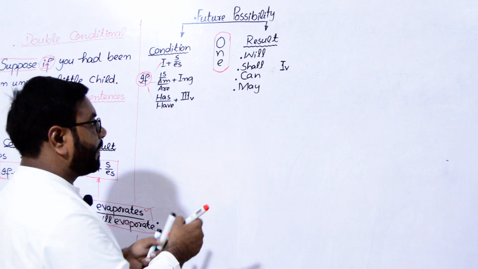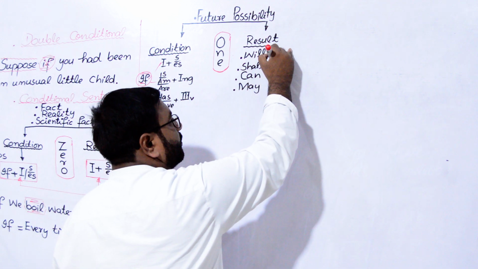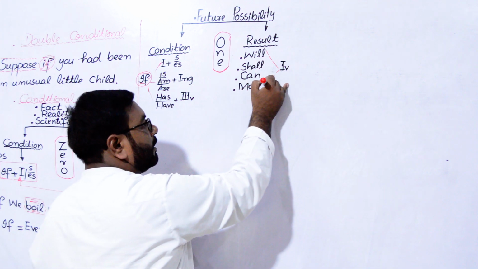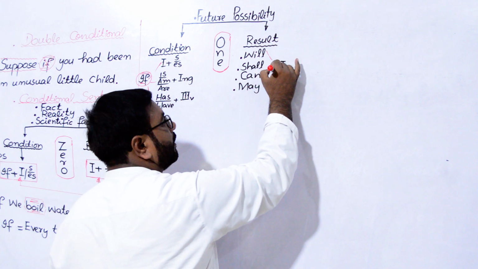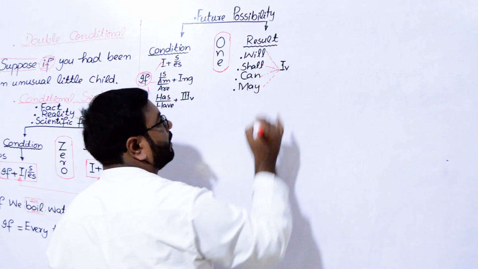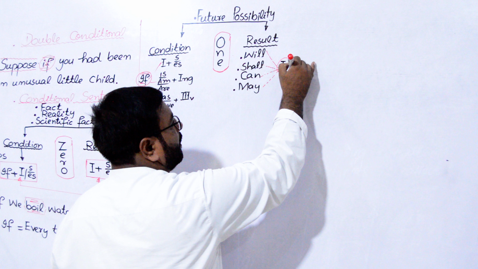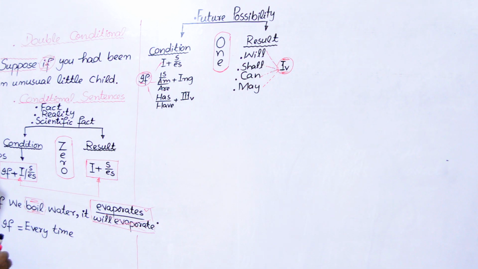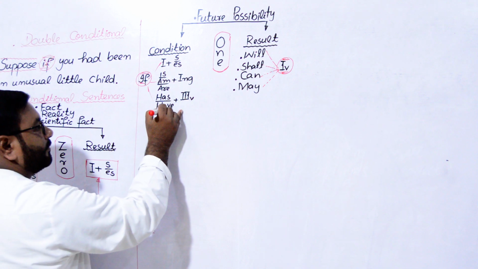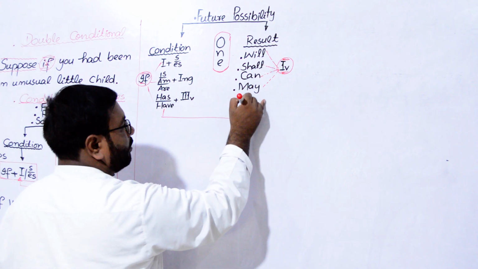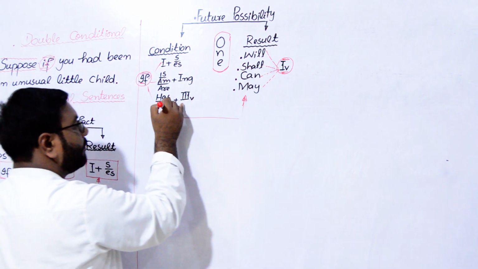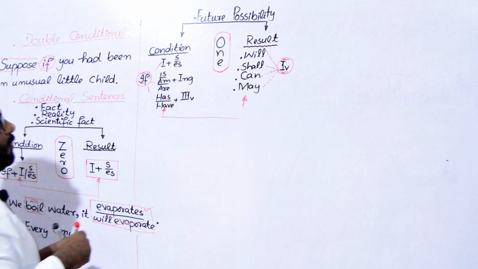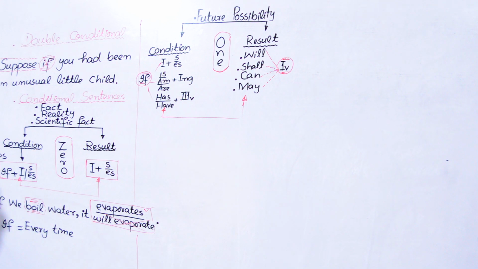This follows the first form of verb. Look at this sentence. This is the combination of tenses that we use while using conditional 1.